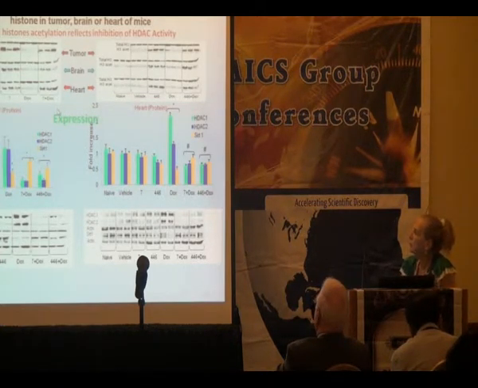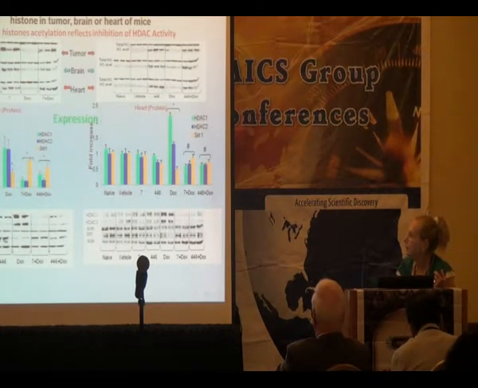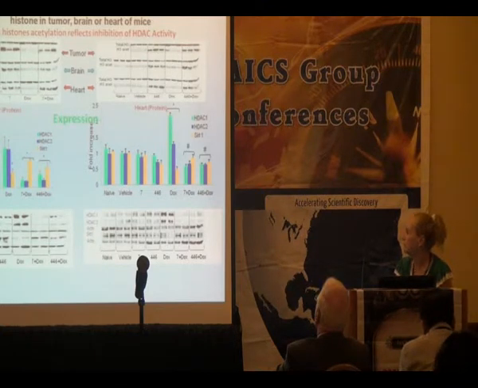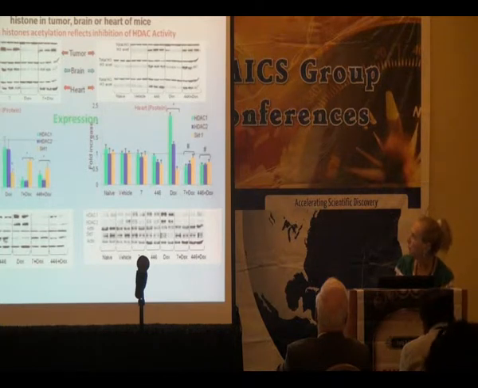And when we looked at the expression, we saw that the compound specifically reduced the expression of HDAC1 and HDAC2 in the tumors and did not affect them in the heart. And furthermore, you will see the peculiar phenomenon that doxorubicin enhances HDAC1 and HDAC2 activity, which is an indication of cardiomyopathy, whereas our compound decreased this abnormal increase.